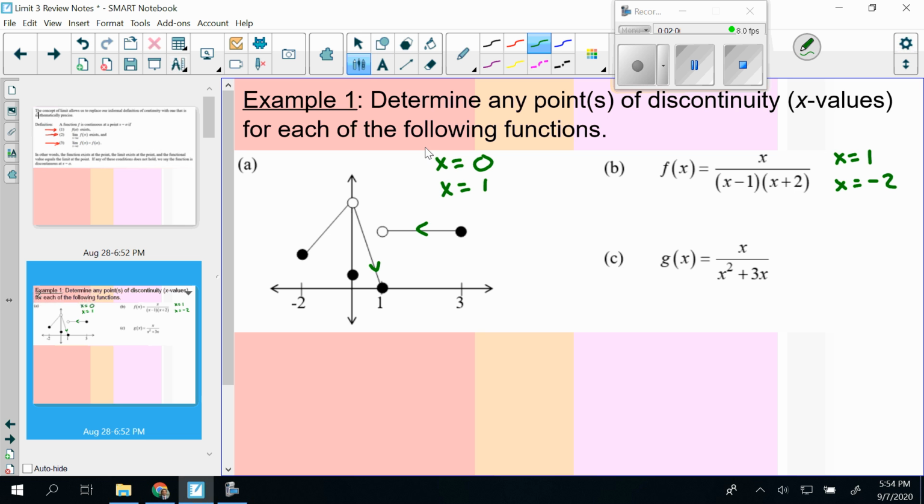In C, for this g of x function, it'd be easiest if we did a little factoring, so we can do kind of like we did in B to figure it out. So if we factor out this x, now we can see the two places that this would be discontinuous.